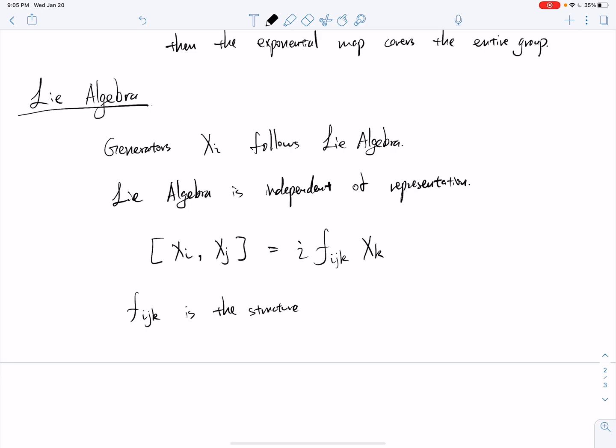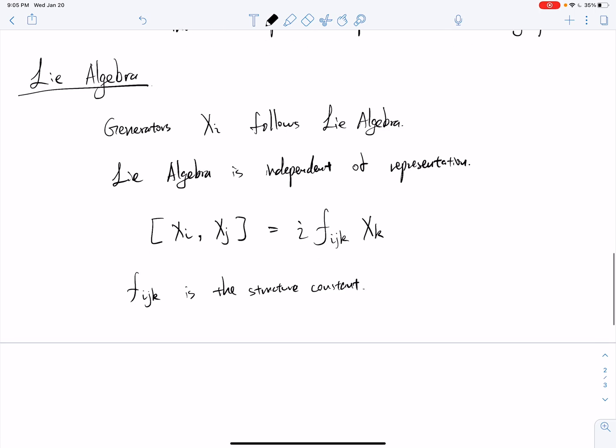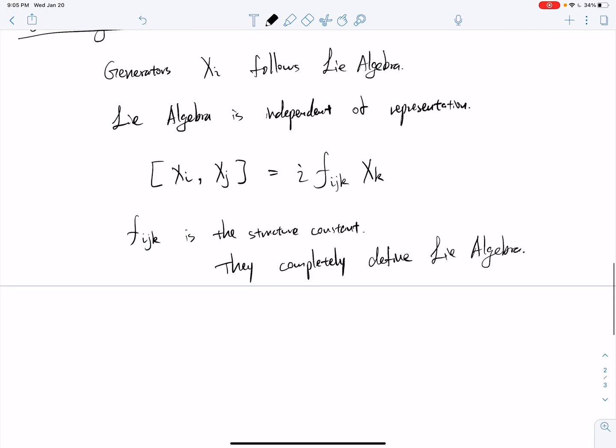All of these structure constants basically program your Lie group. Another way to put it is that they would completely define the Lie algebra, the properties of our Lie algebra.